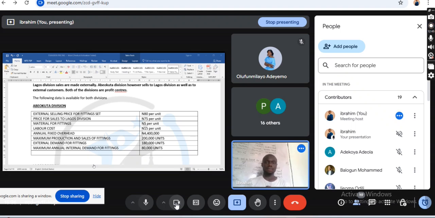Labor costs, annual fixed overhead. Now, let me still explain something I explained in the previous lecture, in our introduction.